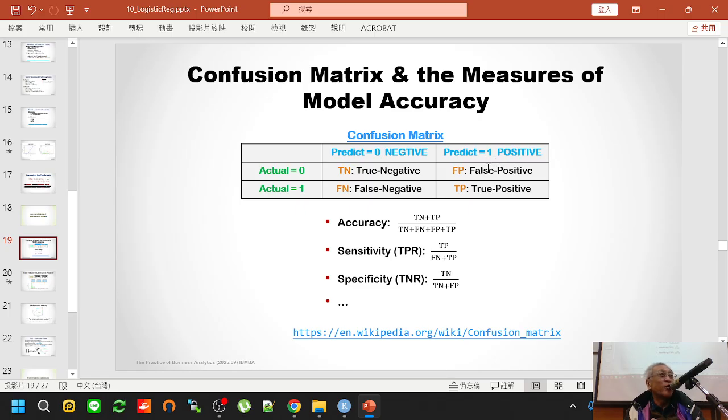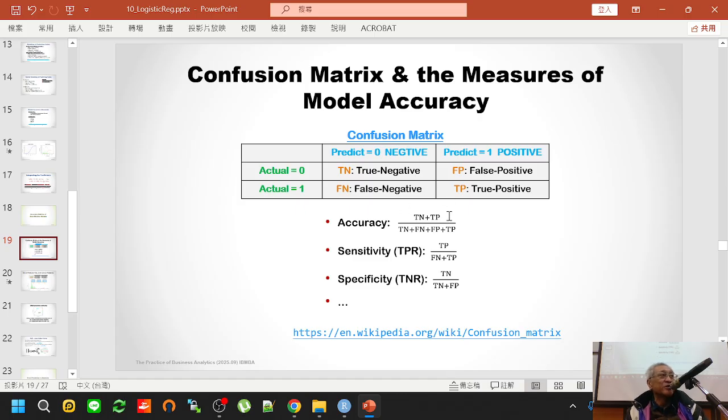For those points that have a predicted probability lower than 0.5, we predict negative. So for every point, given x, you will have a predicted probability, and when that predicted probability is higher than 0.5, we predict positive, otherwise we predict negative.